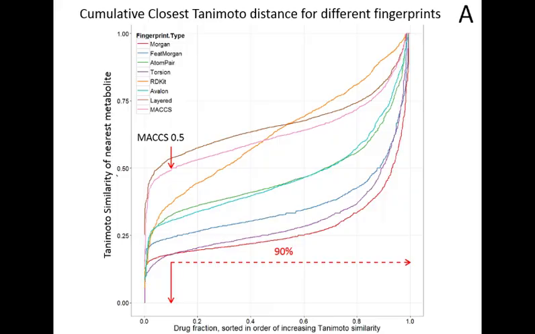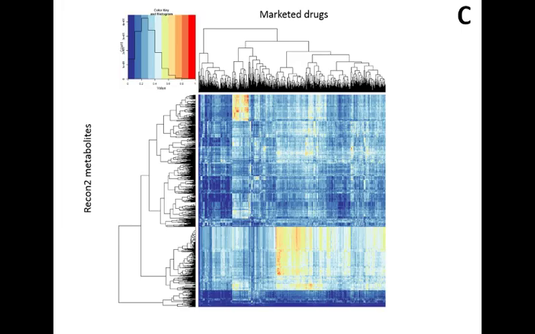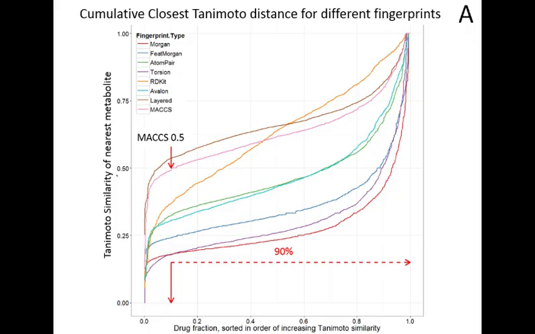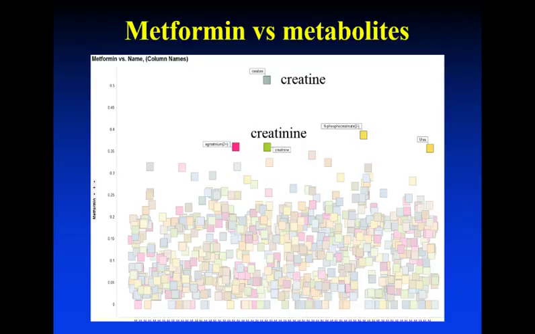So there are about 1,300 drugs and 1,100 metabolites, so over 1 million comparisons, so reasonably big data, but summarised pretty quickly, and it didn't take very long to do at all. And then you can interrogate it and say, there are all the metabolites, and I will now interrogate it with a particular drug called metformin, which of the metabolites is the most like it, and it shows you there.